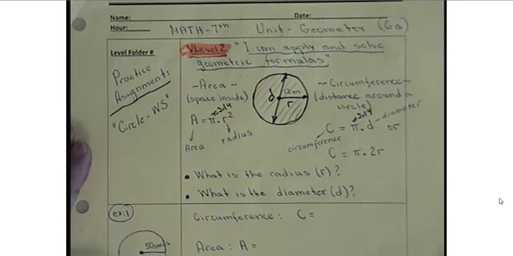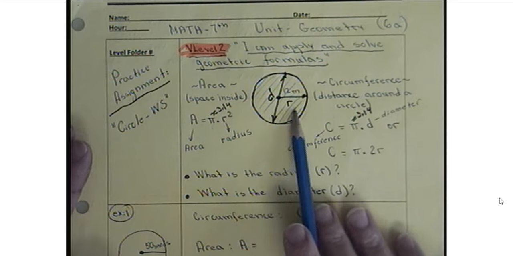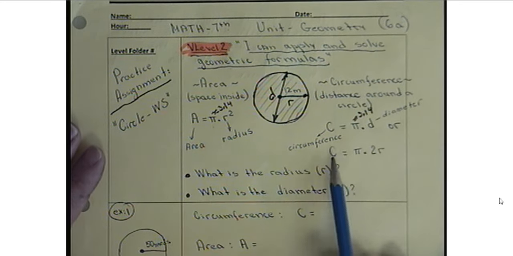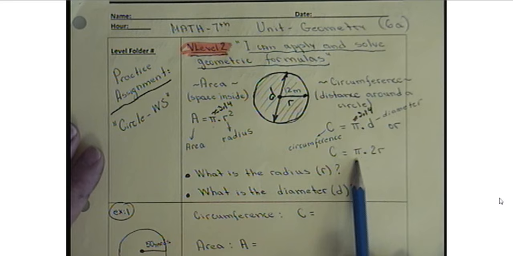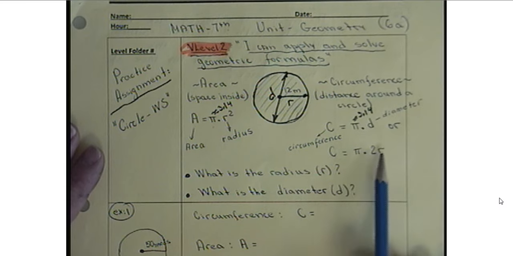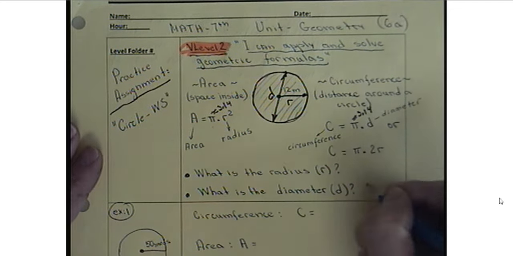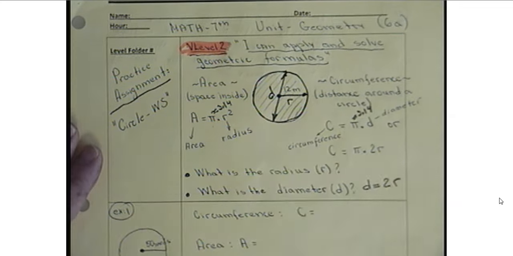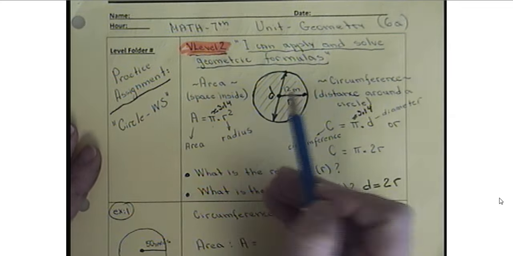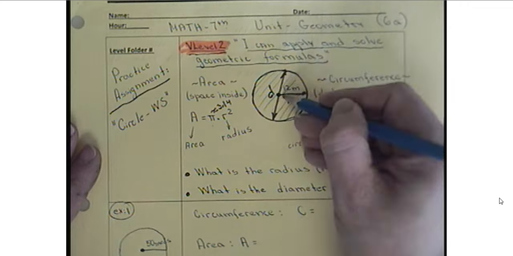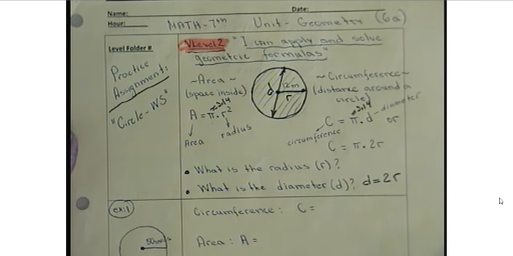Sometimes, if you don't know the diameter and you know the radius, then the circumference formula will be equal to pi times 2 times r, 2 times the radius. Because this is what the diameter is equal to. Diameter is 2 times the radius, because the radius is just half of it, and the diameter is 2 times this half part over here.